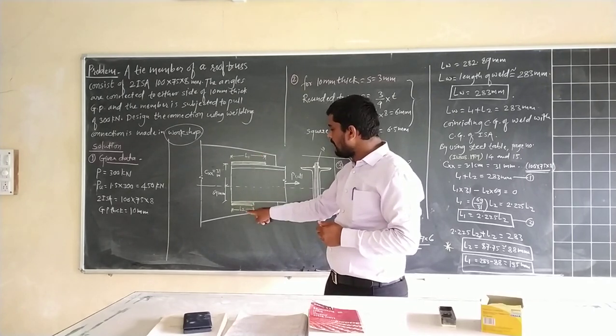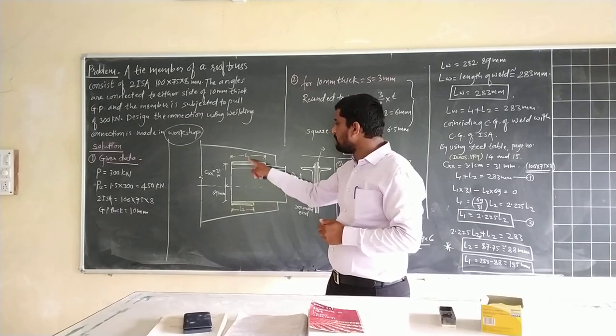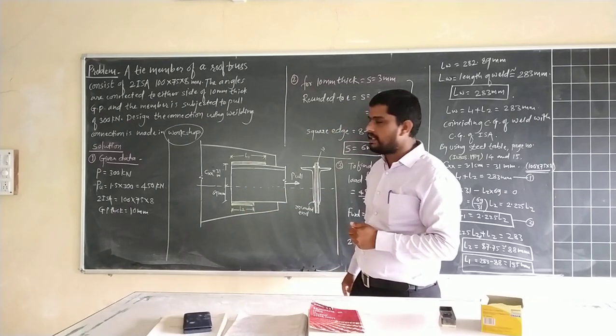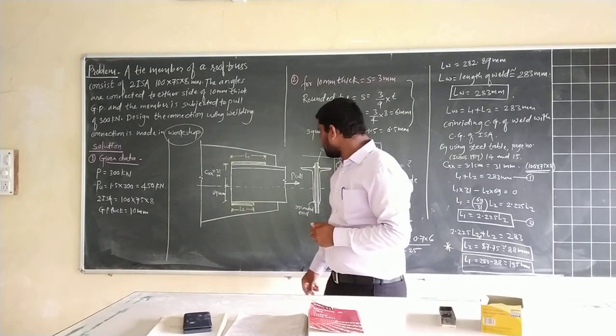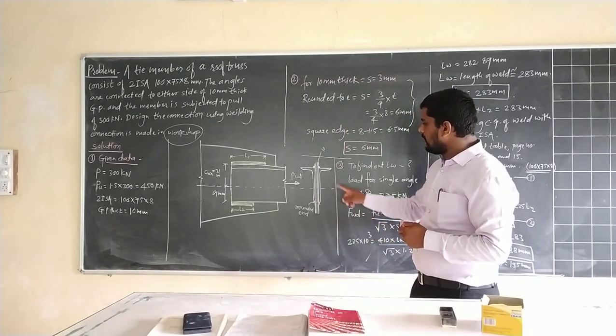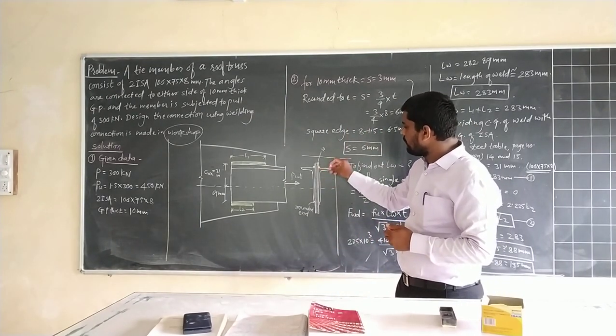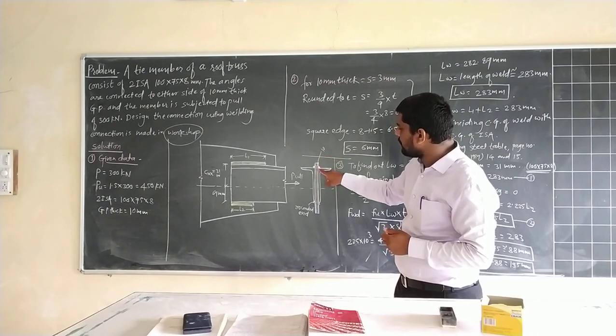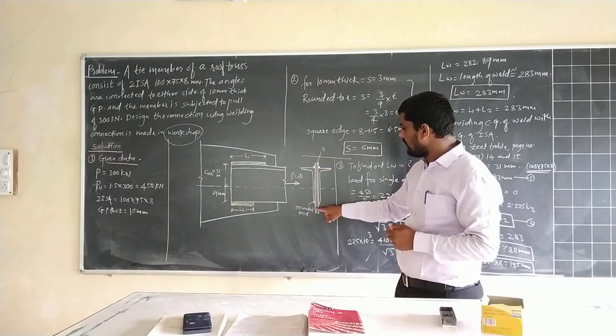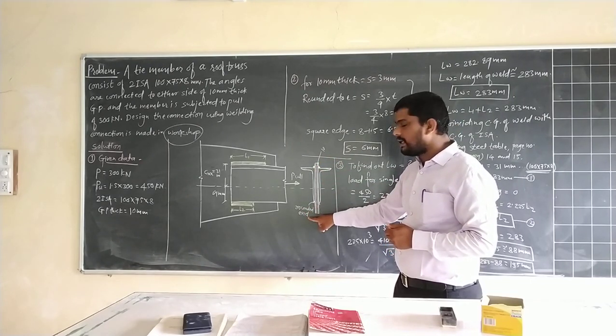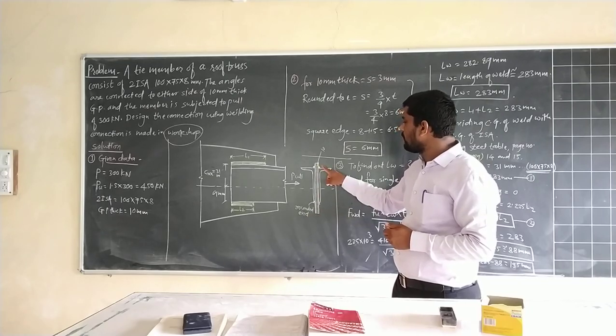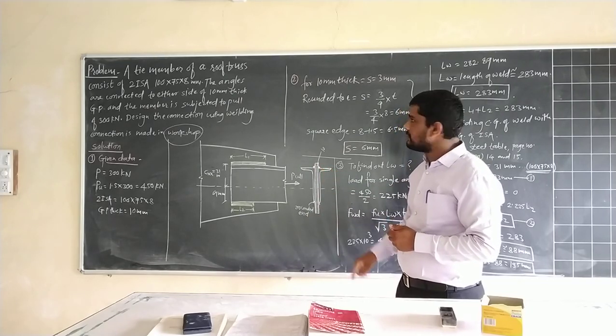These L1 and L2 will vary, and we are going to find out what should be the length of welding. Whatever the length and size of welding we place here, these are rounded end connections, and we can also call them square edge connections.